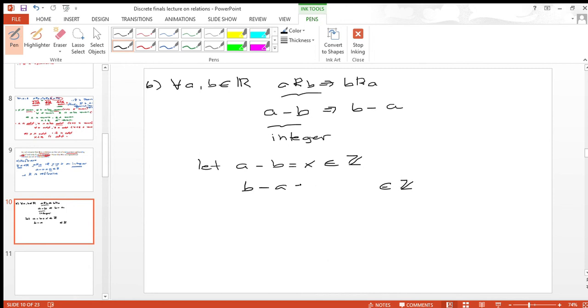But what will be B minus A? From algebra, if A minus B is X, then B minus A is just the negative of X. Why negative of X? Let's explain that part.